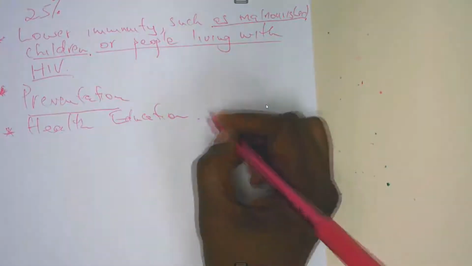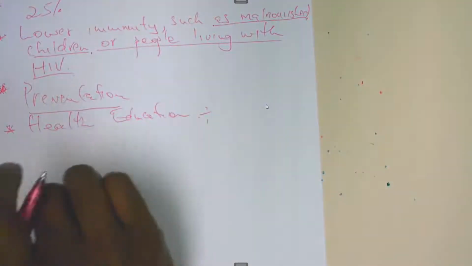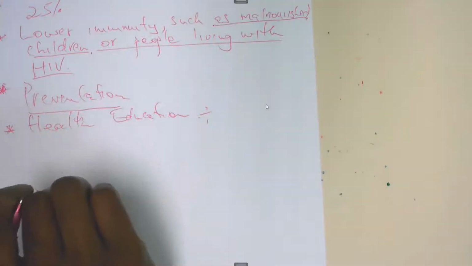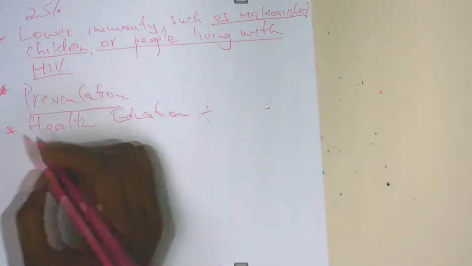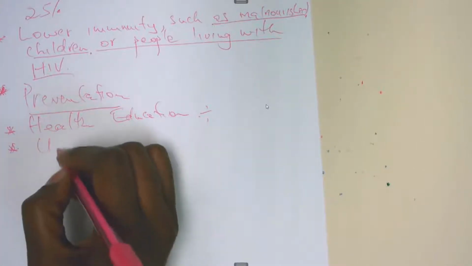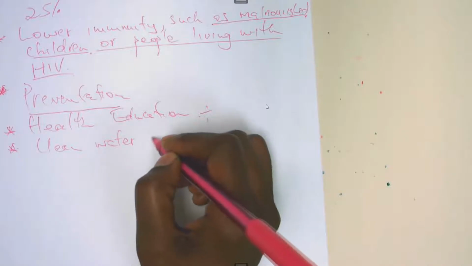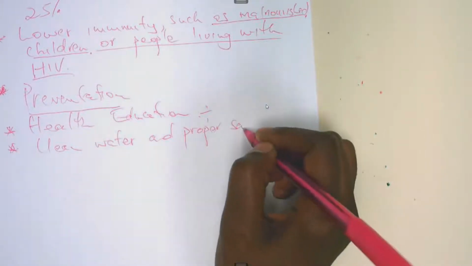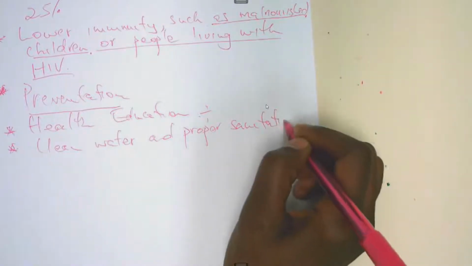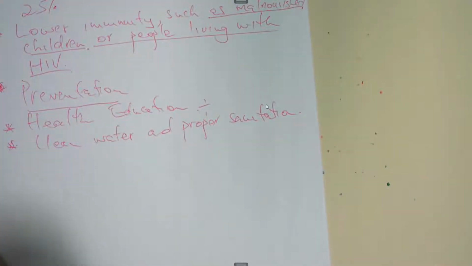It means that we need to wash our hands, especially with soap, after defecation and before handling food or eating and drinking. So that is number one. And then number two, clean water and proper sanitation for all sectors of the population.